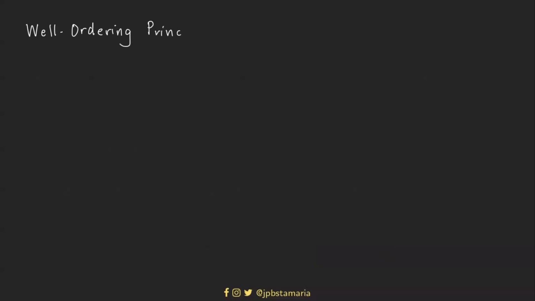So number theory, this principle can be an axiom or it can be a theorem depende kung saan kayo magi-start, no? Sinong nakakaalam ng well-ordering principle from number theory? Anyone? Can you raise your hands if you know this property? Tapos paki-dictate kung anong nilalaman ng well-ordering principle.